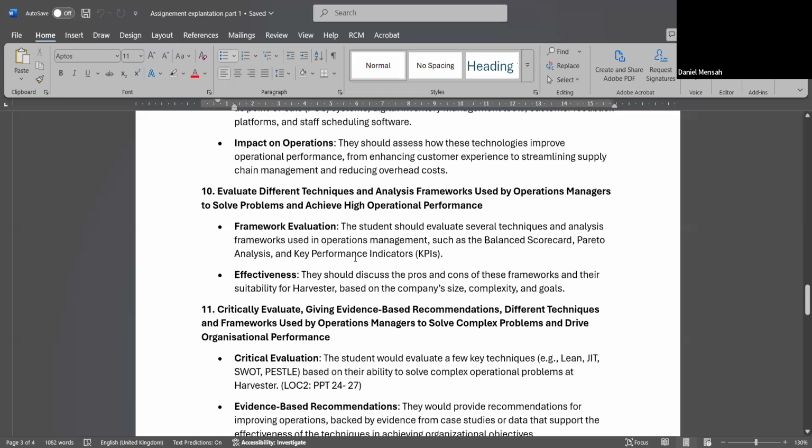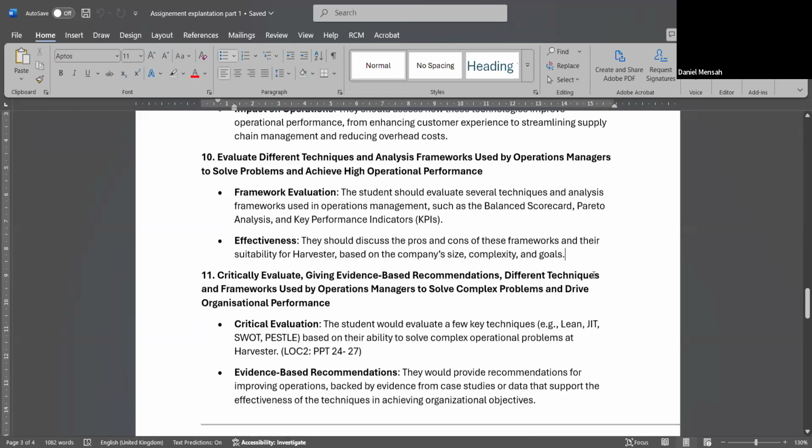You'll be explaining what these techniques are used for and how they help and contribute towards operation management performance, or how they help to solve problems. From that perspective, you are assessing these tools. Then you will discuss effectiveness, the pros and cons associated with those frameworks. You can also mention which one is suitable for the harvester, based on the industry, the size, and the goals of the harvester company.